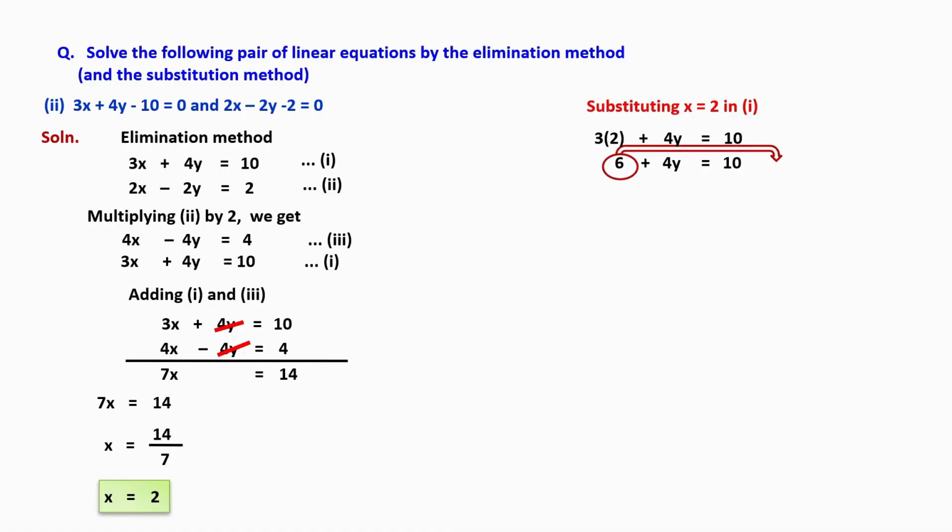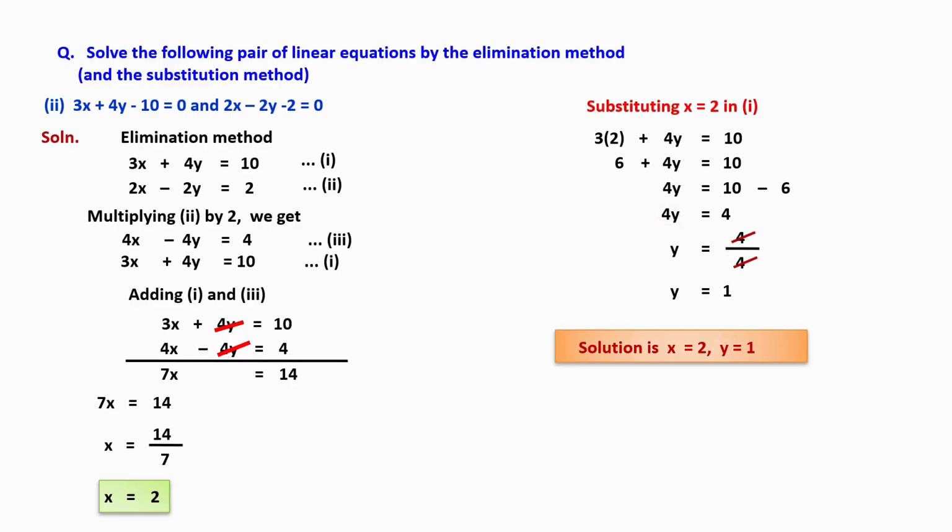Let us use the first equation. 3 into 2 plus 4y equals 10. That is 6 plus 4y equals 10. Now, 4y equals 10 minus 6, which gives 4. So, y equals 1. Therefore, x equals 2 and y equals 1 is the solution of the given pair of linear equations.